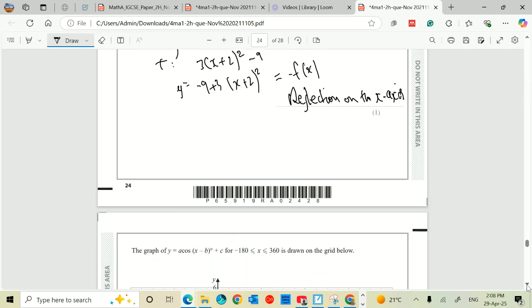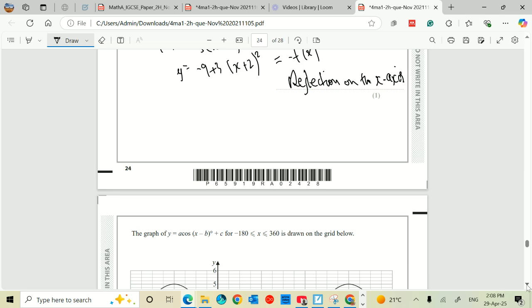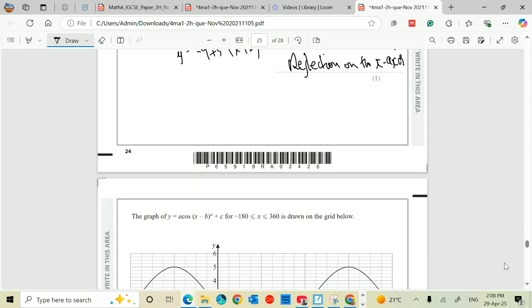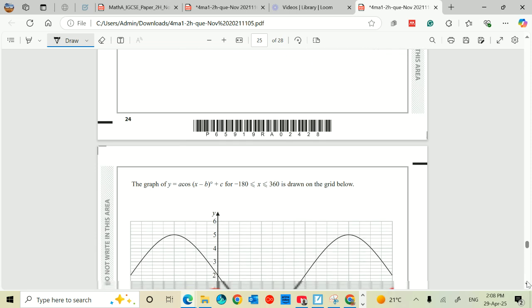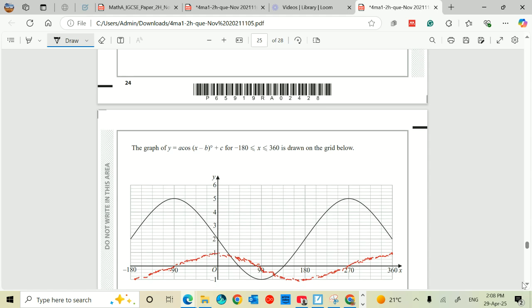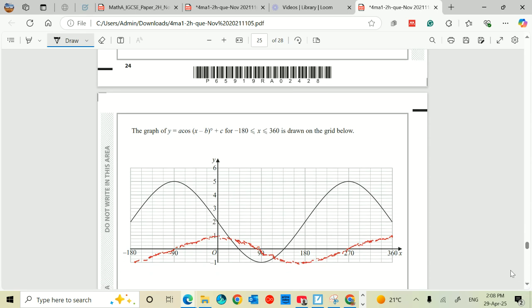And we have a trig transformation here, or translation. The graph of y is equal to a cos (x minus b) degrees plus c, for the range of values of x lying between negative 180 and 360. Now what I've done is I've sketched in already the original cos x graph.